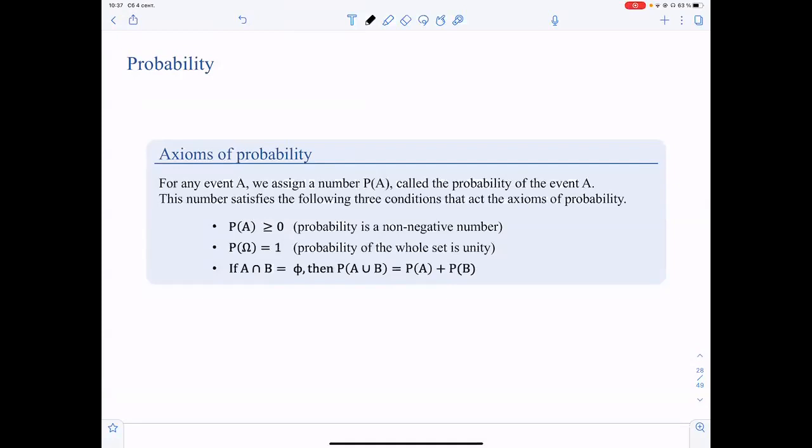Here are the axioms related to probabilities. First of all, we say that the probability cannot be negative. It is always either positive or zero.